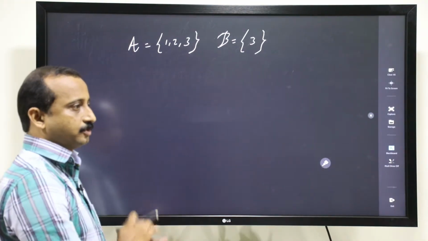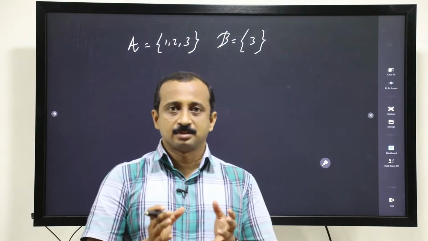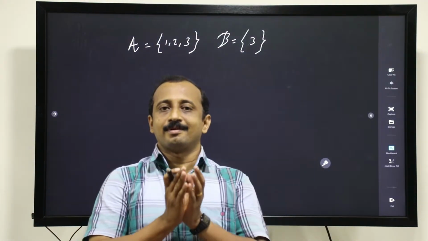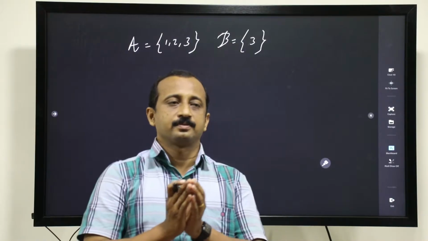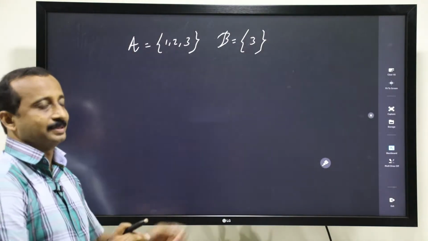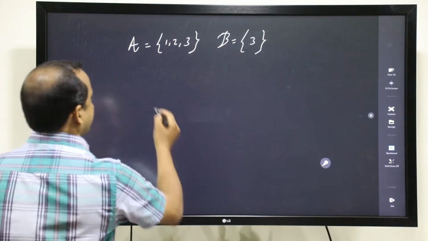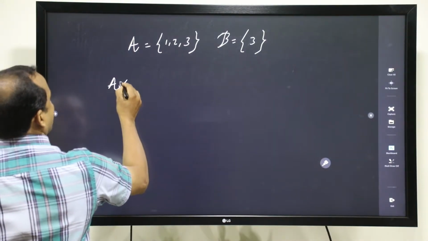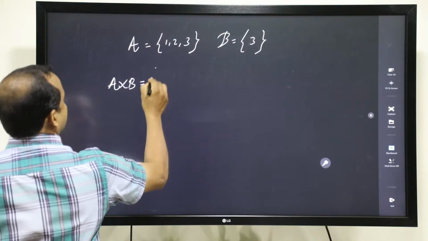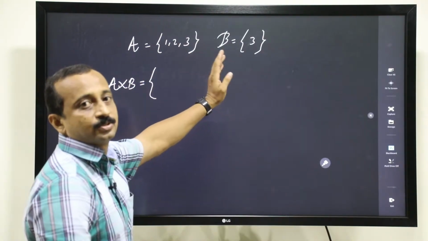What is the definition of Cartesian product? Cartesian product, or cross product, means the set of all ordered pairs of the two sets A and B. That means A cross B is equal to the set of all ordered pairs of A and B.